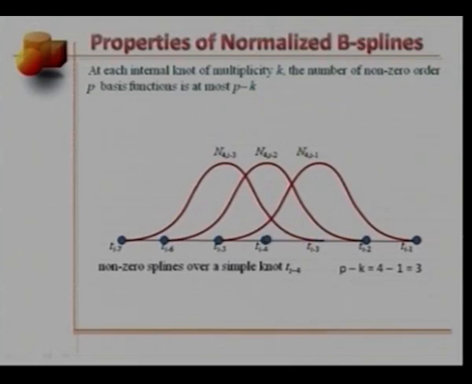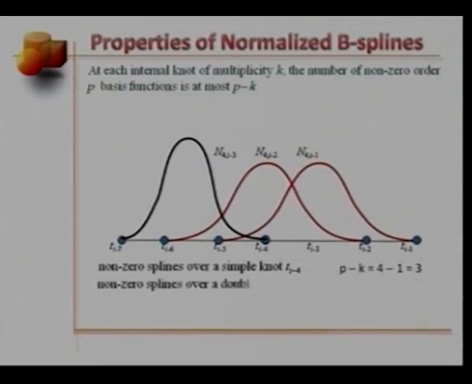If I move Ti minus 3 to Ti minus 4, one of them now becomes 0 over Ti minus 4. Now with Ti minus 4 having multiplicity 2, we have P minus K equals 4 minus 2 equals 2 non-zero splines over Ti minus 4.